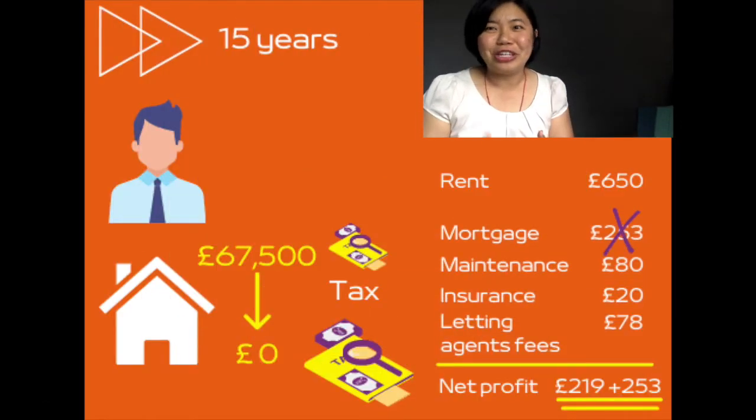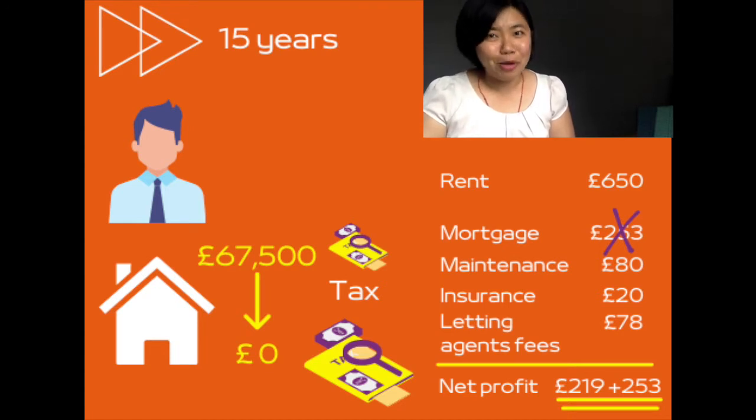This one is a good debt, and she decides to keep her mortgage and not pay it down. So what's the reward for Sam in 15 years' time when he has paid off his mortgage? If we fast forward 15 years and he's already paid off the mortgage, that's another £253 that will go down to the bottom line as net income.